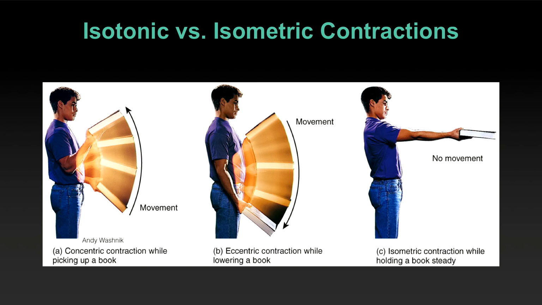And so the theory, you've probably heard that eccentric contractions cause a lot of muscle damage. If you ever go to the gym and you do really heavy lifts and you're doing eccentric muscle contractions, it causes a lot of muscle damage. It's because myosin is pulling in the opposite way that the resistance is, and the resistance wins.